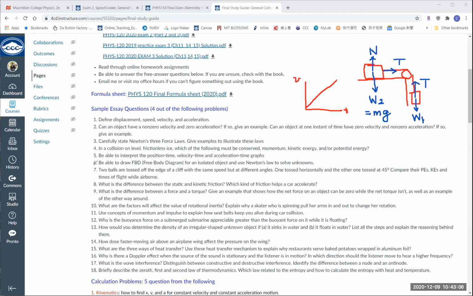Number 7, you have two balls. You toss them off the edge of a cliff with the same speed but different angles. One horizontal, one at 45 degrees. Let's make a quick drawing.